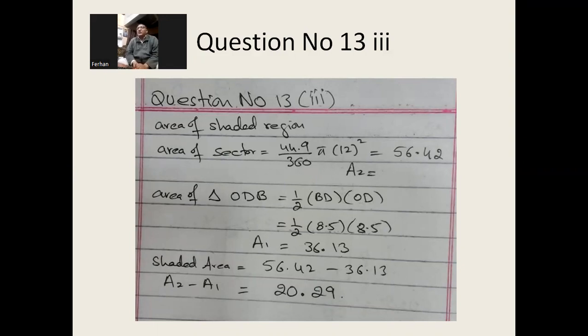So 1/2 into 8.5 into 8.5, and that will be 36.13 centimeters squared. Let me call it A1. The shaded area will be the area of the sector minus the area of the triangle, A2 minus A1, that will be 56.42 minus 36.13, and that will be 20.29 centimeters squared.